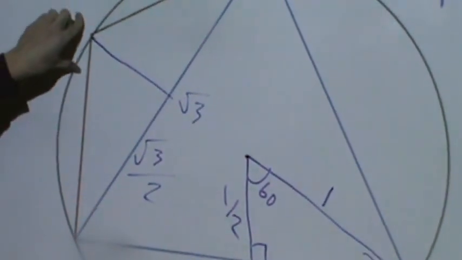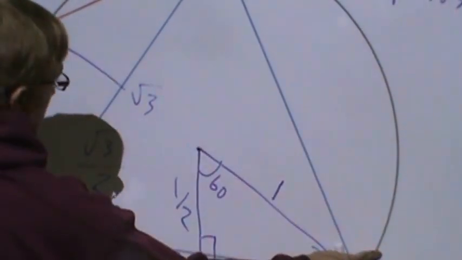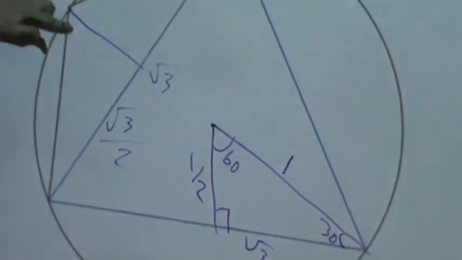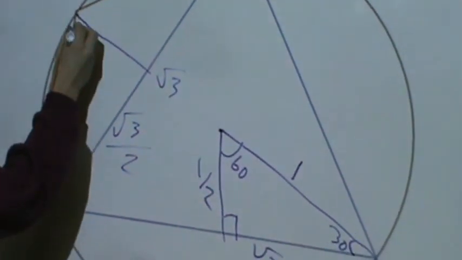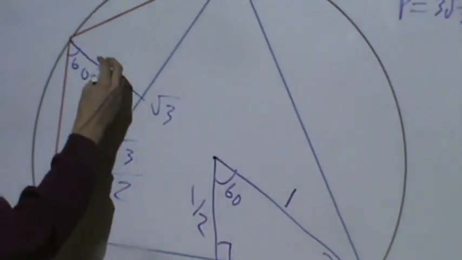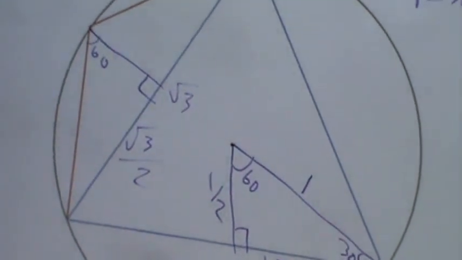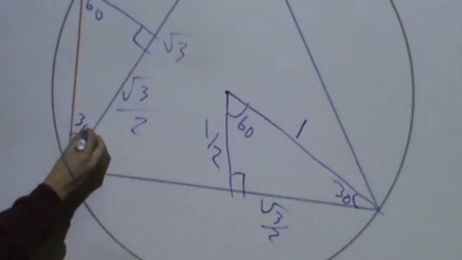Subtracting that from 360, we get 240, and dividing that by 2, we get that this is 120. And since this line bisects that angle, that'll make this 60. And this will be a right angle because it bisects and is perpendicular, and that'll make this 30.